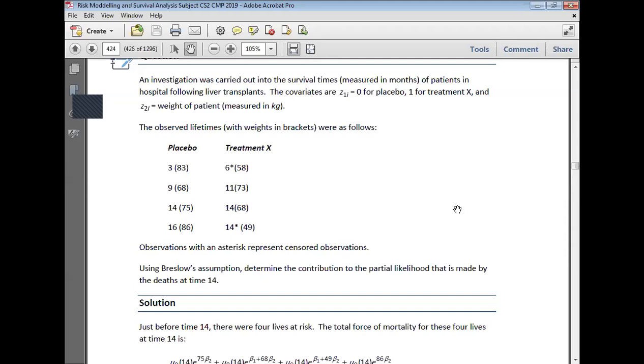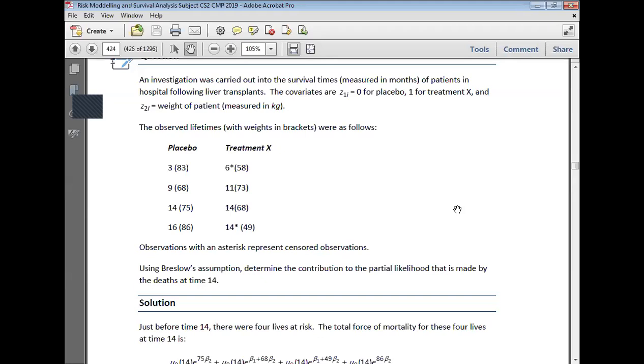Okay, so now again here, if I see in the brackets, I guess that is the weight of each of these patients, and 3, 6, 9, 11 represents the months that have passed for these people under the investigation.